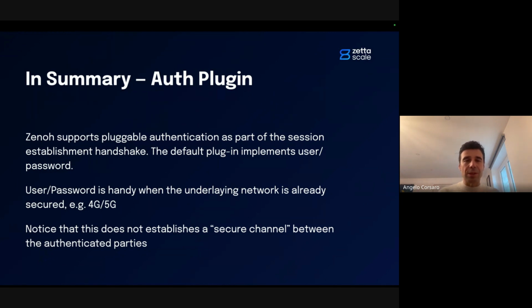If you think about security, I might already have a secure channel. In some applications you might be running on a 4G or 5G network. Your network is already secured. You're assuming that the secure channel is provided at a network level. You have a VPN, whatever, and you just want to provide an authentication. In that case, this plugin does the job for you.